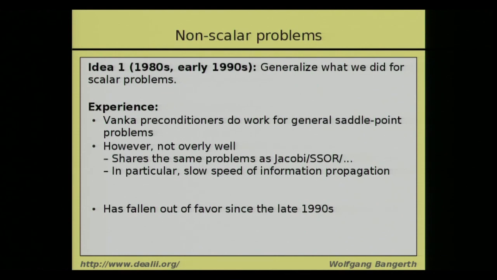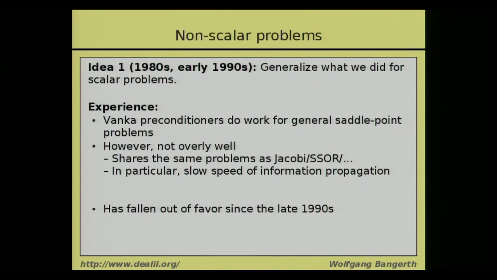The experience is that it sort of works. It doesn't work overly well. It shares the same kind of problems as Jacobi and SSOR. In particular, information propagates only from one node to the next in every iteration. And so I think, in summary, the Bangerth kind of preconditioners have fallen a little bit out of favor since the late 1990s.